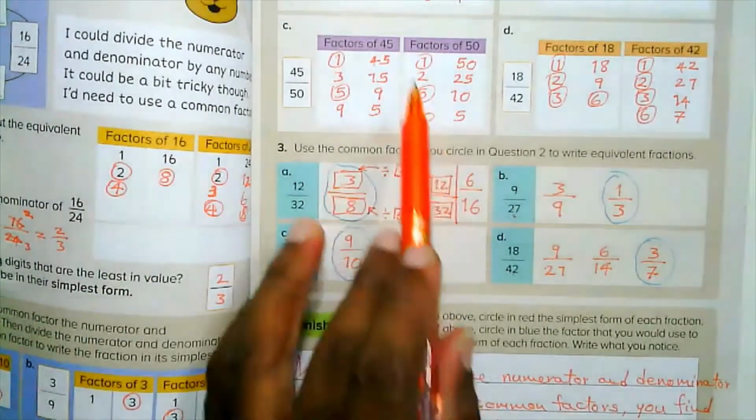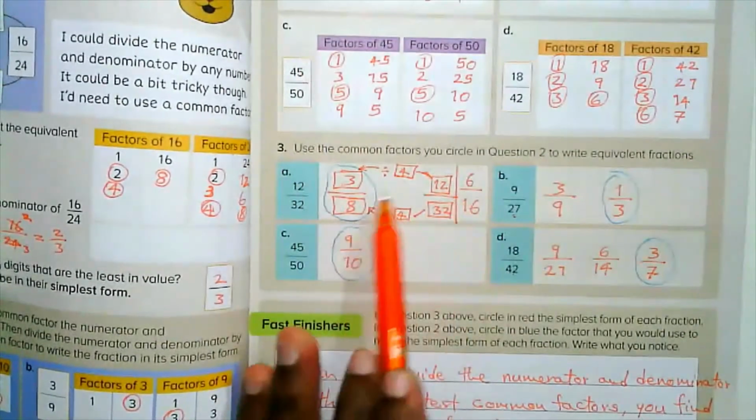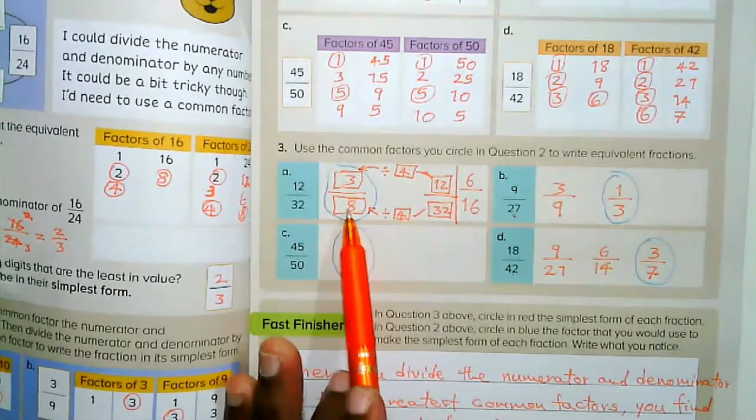When we use the greatest one, like we use 4 here, we got 3/8. It will be in its simplest form.